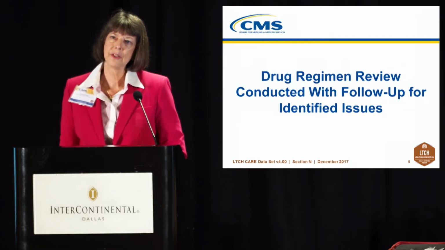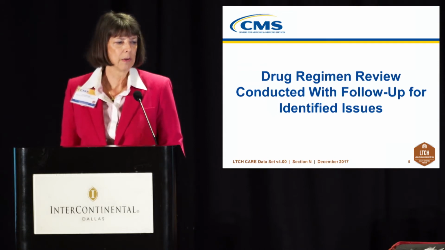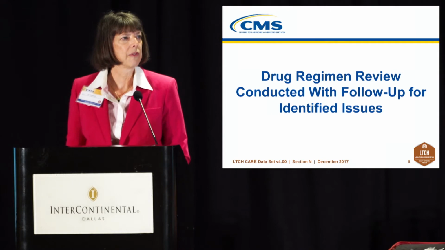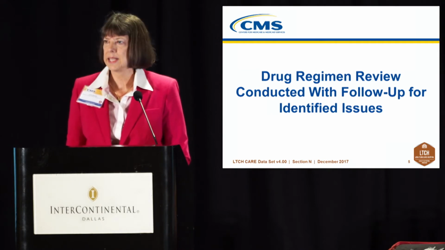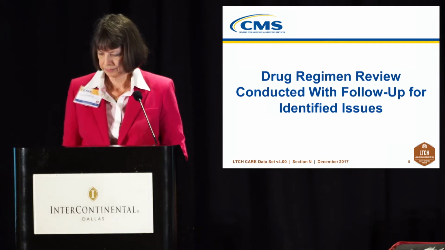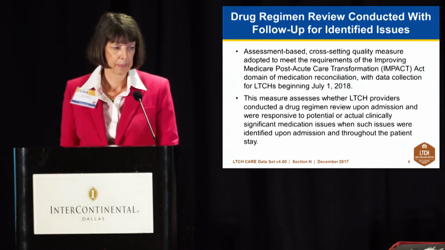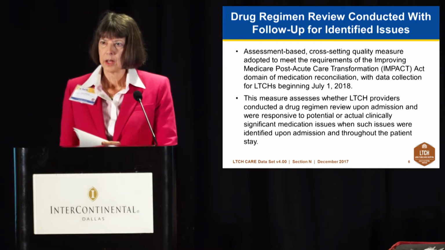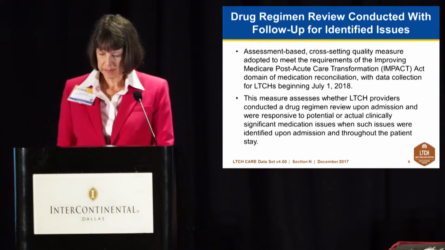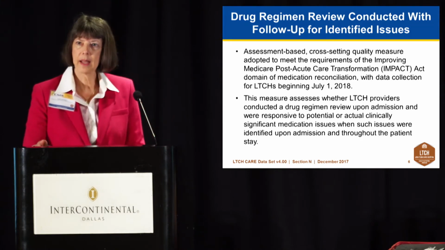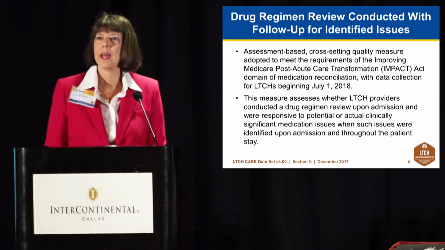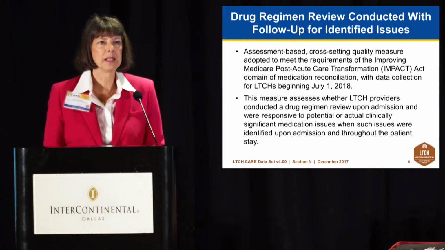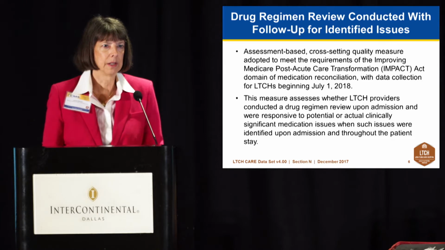So the official name for this process quality measure is Drug Regimen Review Conducted with Follow-up for Identified Issues. This process measure's data is currently being collected by home health agencies since the beginning of this calendar year.